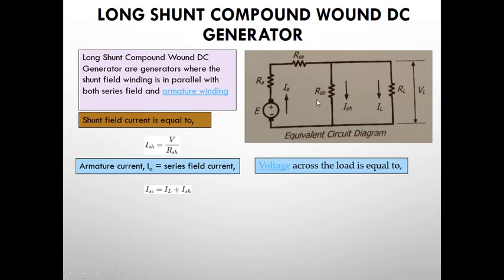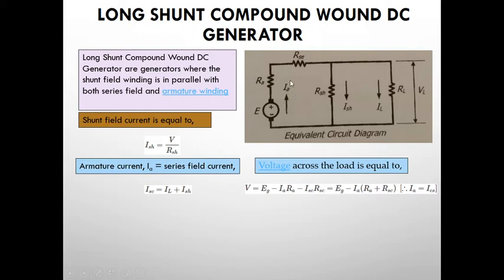Voltage across the load, this one, VL is equal to the generated EMF, because as I've said, VSH is equal to VL. So the generated EMF minus the voltage drop across the armature winding minus the voltage drop across the series field winding.